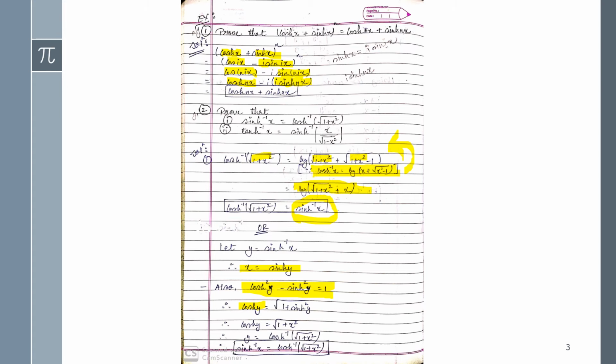And here just making y the subject, you can get cos h inverse of under root 1 plus x square. And finally at the last, in place of y I am putting its original value, that is sine h inverse x, so you may get the final answer.